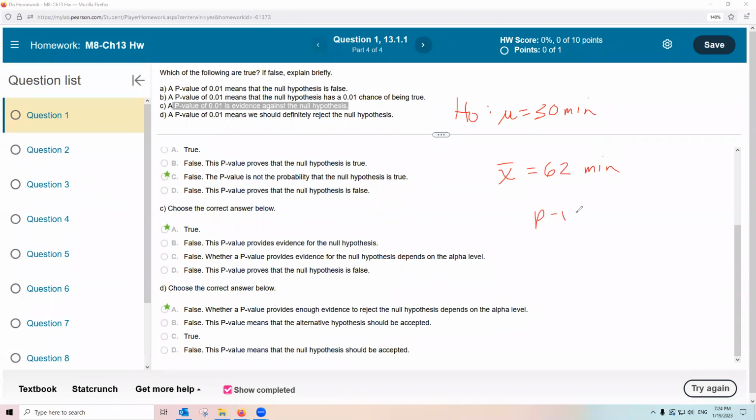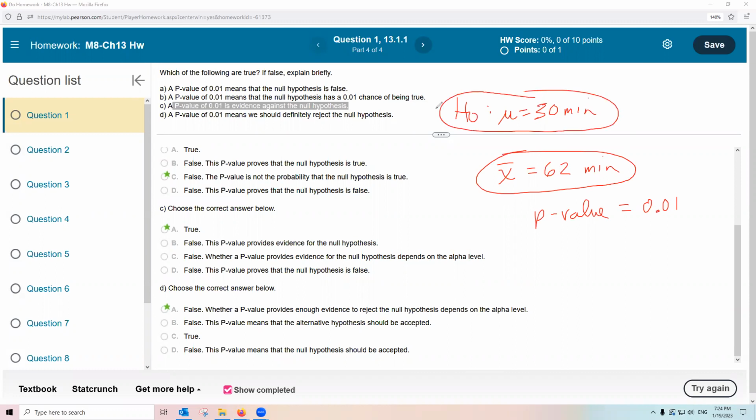So the p-value might have been a number like, for example, 0.01. There's only a 0.01 chance that I would observe 62 minutes in my sample if I assume Pizza Hut really does deliver an average of 30 minutes. So a small p-value like this is evidence against the null hypothesis. So this is true.